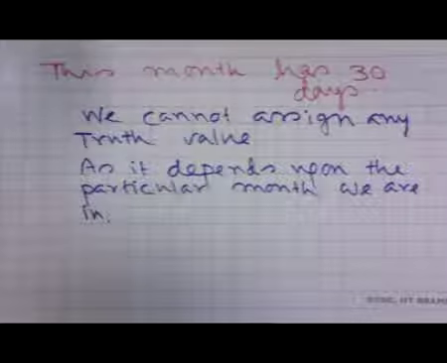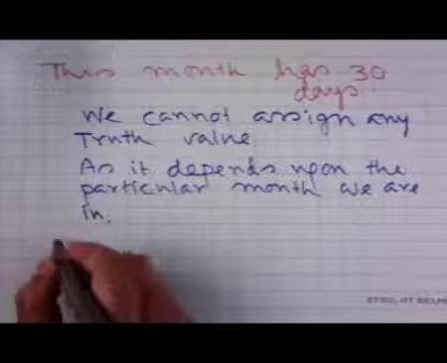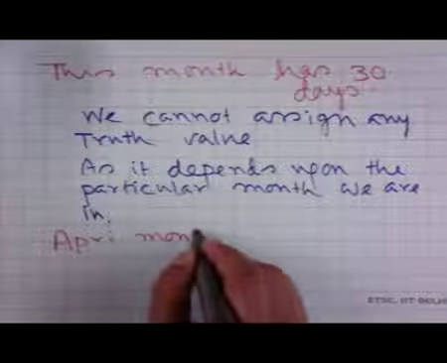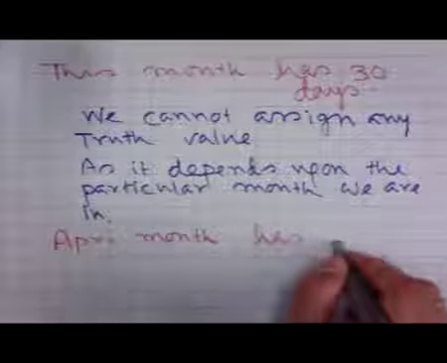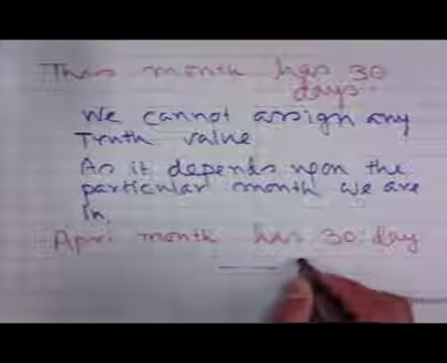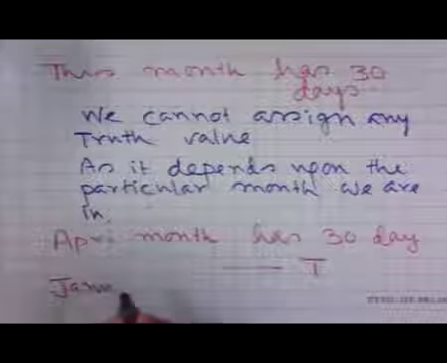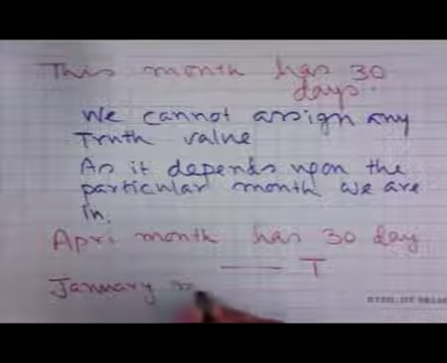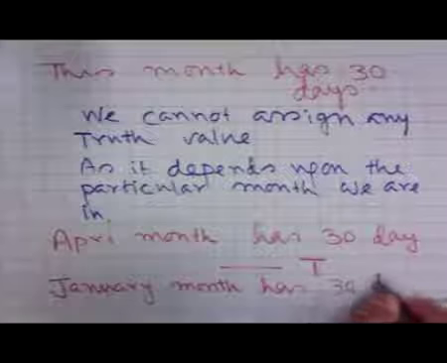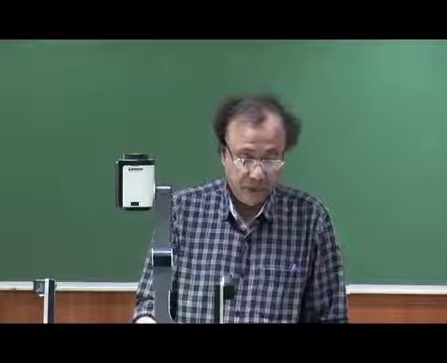But if I write that April has 30 days, then this is true, or January month has 30 days, then it is false.